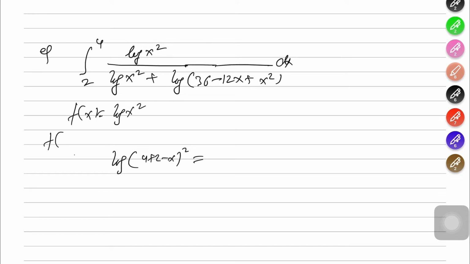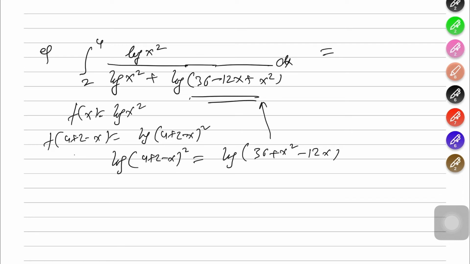So what is f(4 plus 2 minus x)? It is equal to log of (4 plus 2 minus x) whole square, and that is nothing but log of (6 minus x) square, that is 36 plus x square minus 12x, and that is clearly this function. So directly we can say the answer is (4 minus 2) upon 2, that is 1.